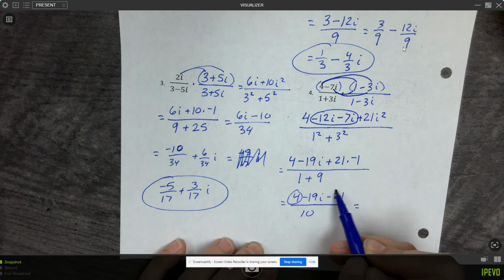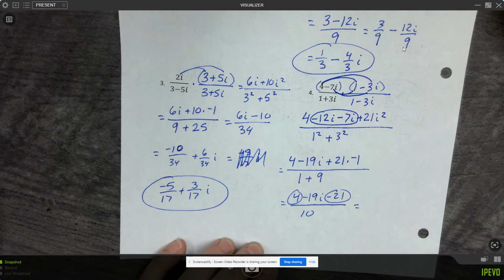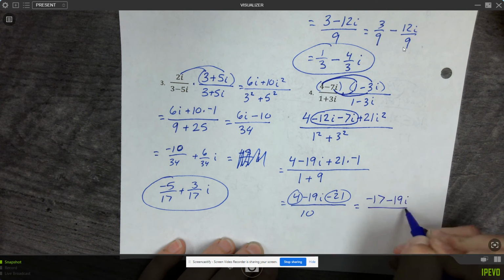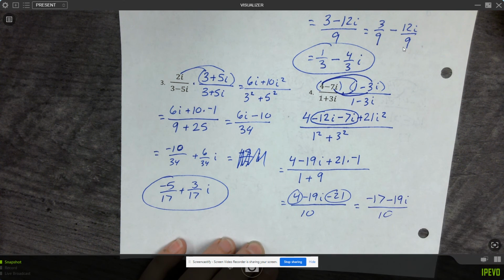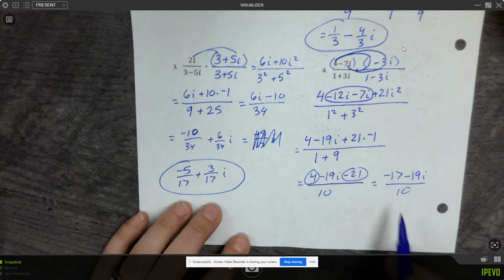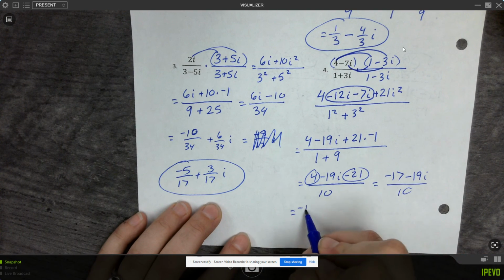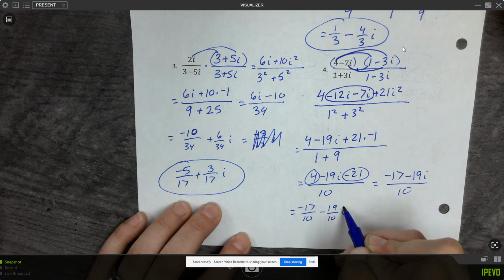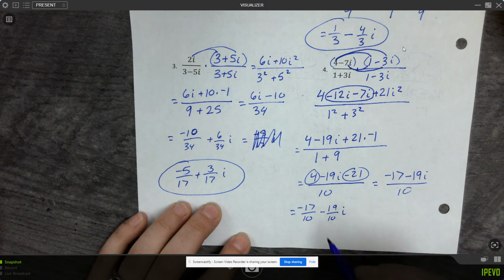I have like terms, 4 minus 21, which is negative 17, minus 19i, all divided by 10. I am in the correct order, but I do need to split those up to be negative 17 over 10, minus 19 over 10i. And those fractions cannot reduce.